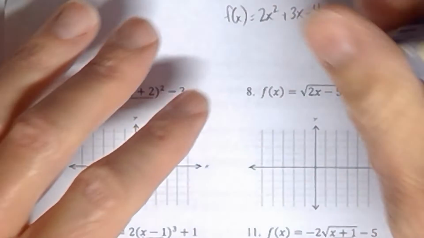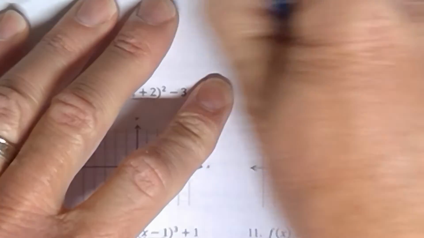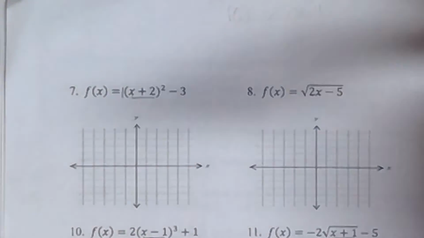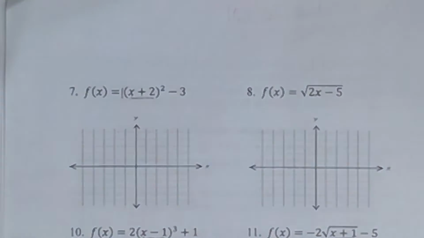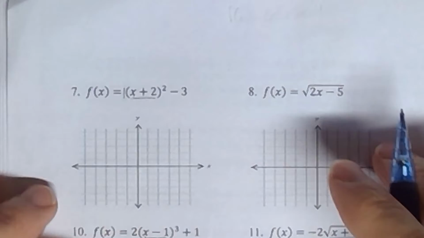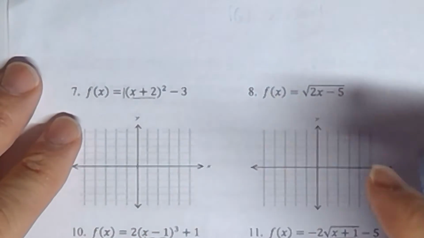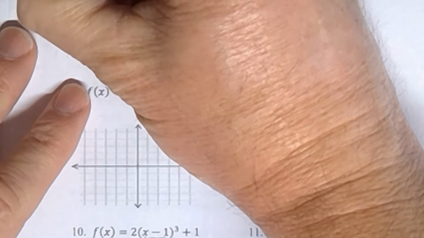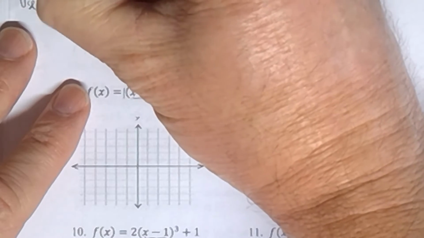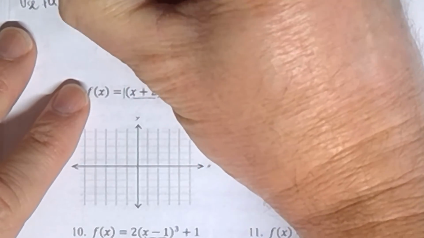So as you can see here in this problem, we have something being squared here, okay? That something is a degree 1 polynomial, but it's something being squared, like we saw in the first 6 problems, and so that means we're going to base it off of the x squared again, one more time here.